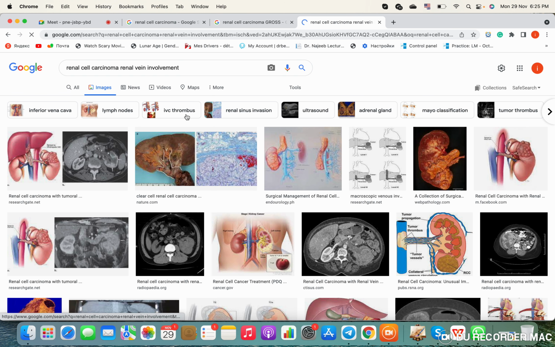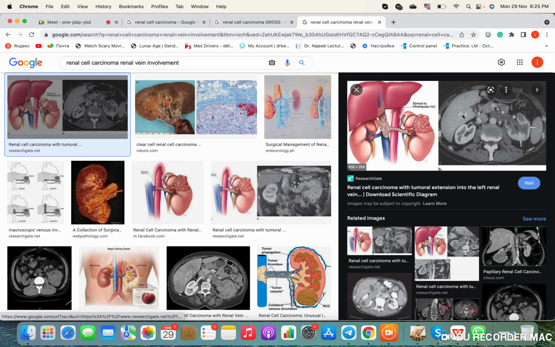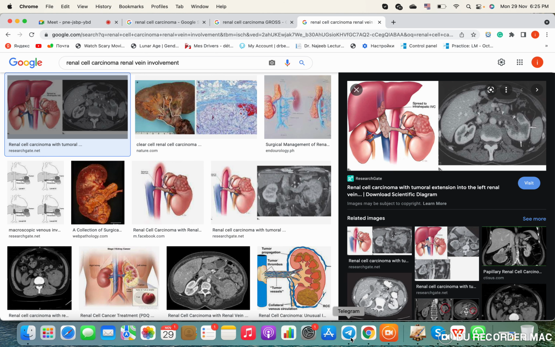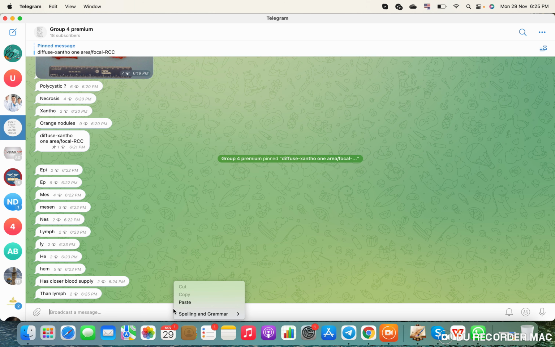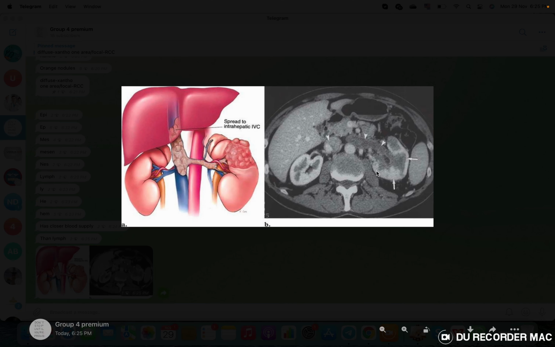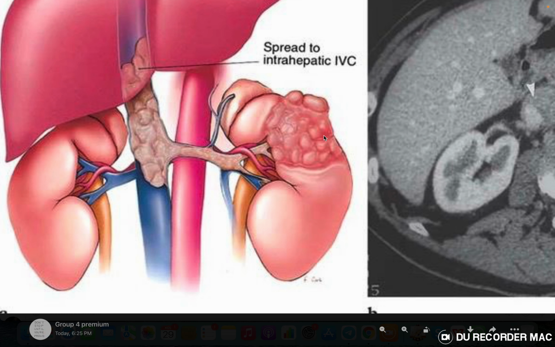Take a look at this, guys. As you can see here, the patient has cancer of his kidney, renal cell carcinoma. It invades the renal vein, enters inside of it and goes up to the superior vena cava.